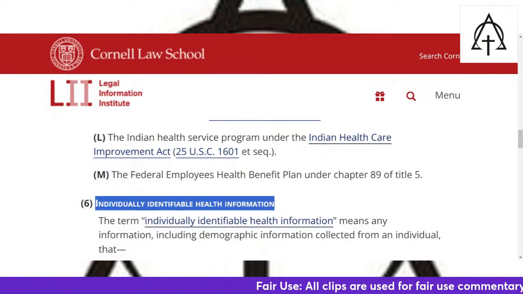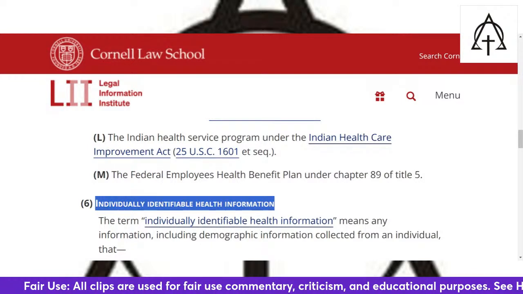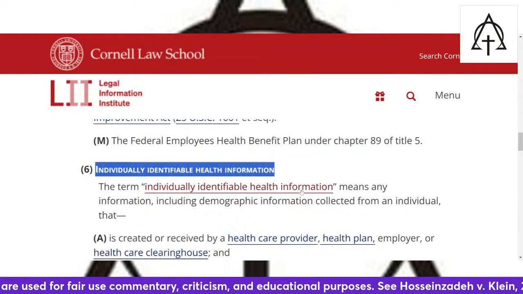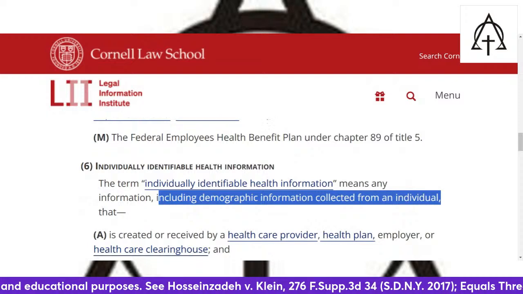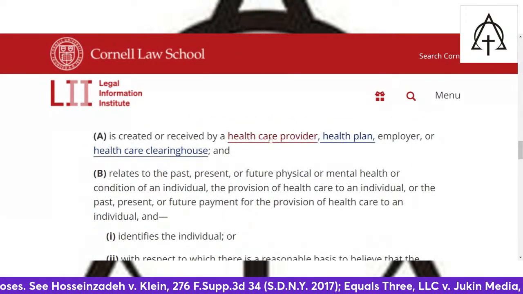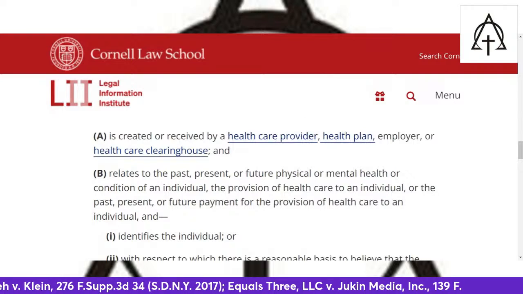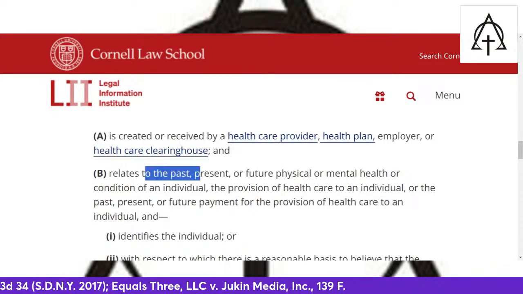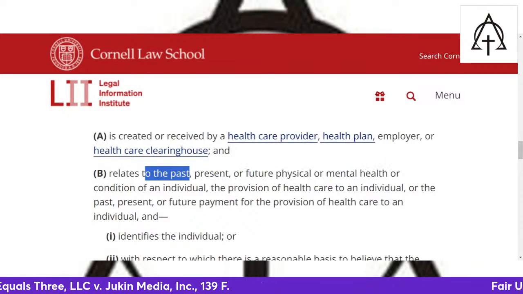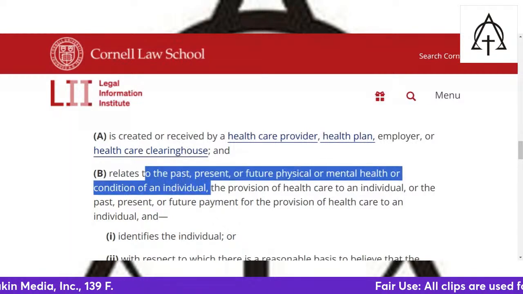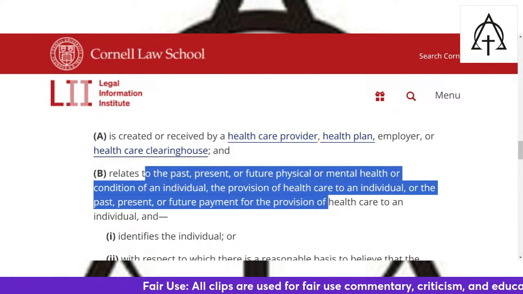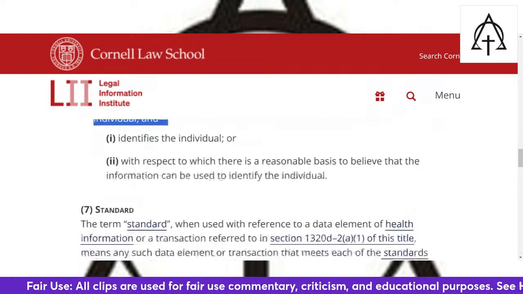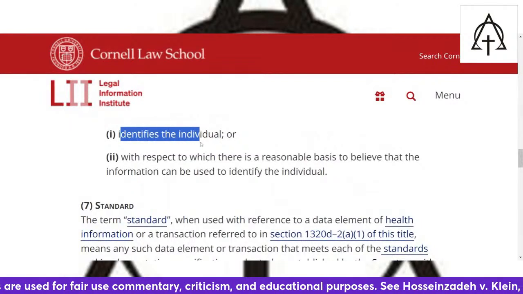Individually identifiable health information. Again, it's not identifying you, is it? The term individually identifiable health information means any information, including demographic information collected from an individual, that is created or received by a healthcare provider, health plan, employer, or healthcare clearinghouse, and relates to the past, present, or future physical or mental health or condition of an individual, the provision of healthcare to an individual, or the past, present, or future payment for the provision of healthcare to an individual, and identifies the individual.